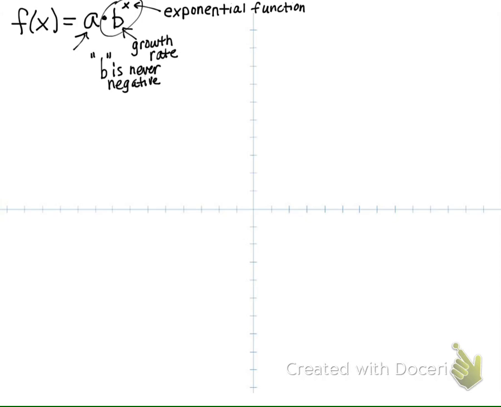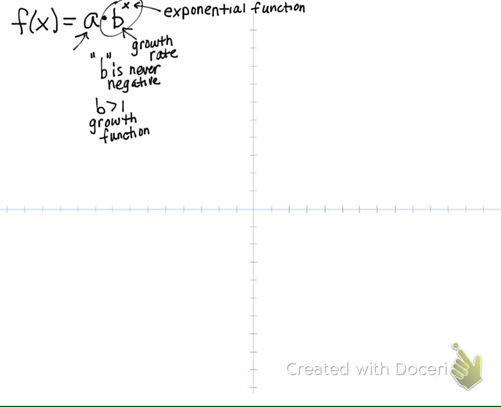All right, so if it's bigger than 1, b is greater than 1, then what we have here is a growing situation. That's going to be a growth function. And those growth functions always look the same.